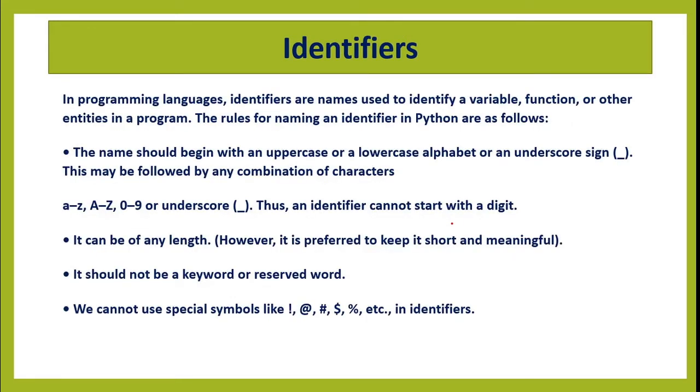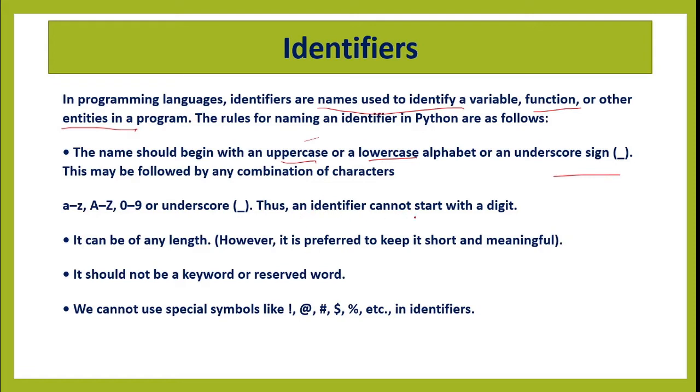So the next one is identifiers. In programming languages, identifiers are names used to identify the variable, function, or other entities in the program. So the rules for naming the identifier in Python. So the first one, the name should begin with an uppercase or lowercase alphabet or underscore. This may be followed by any combination of characters.